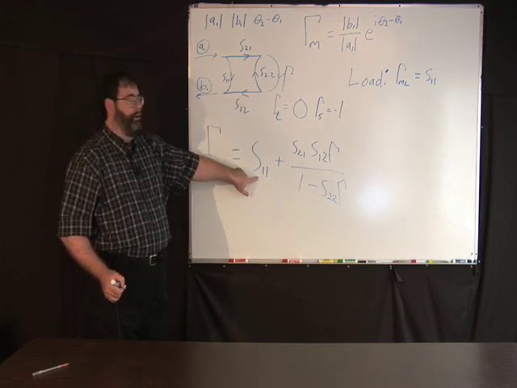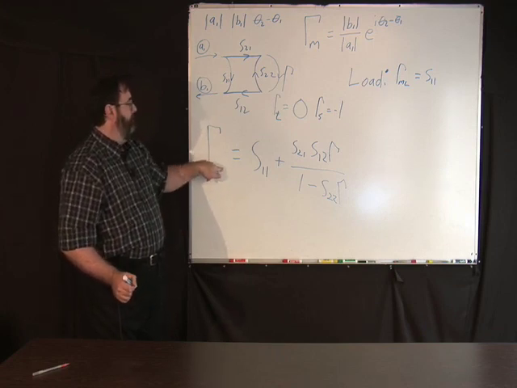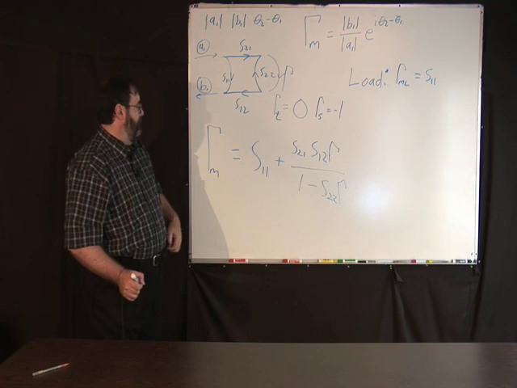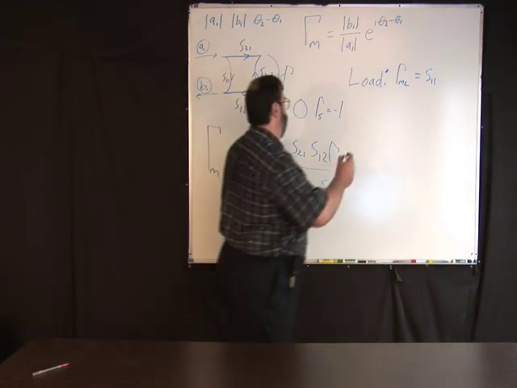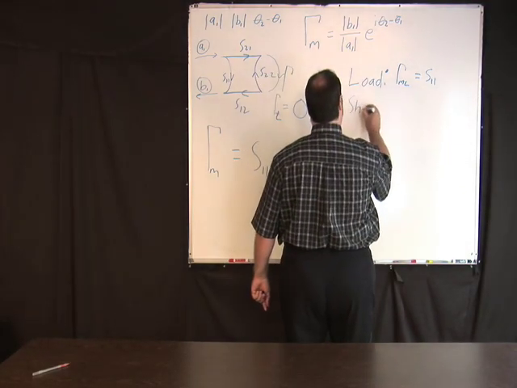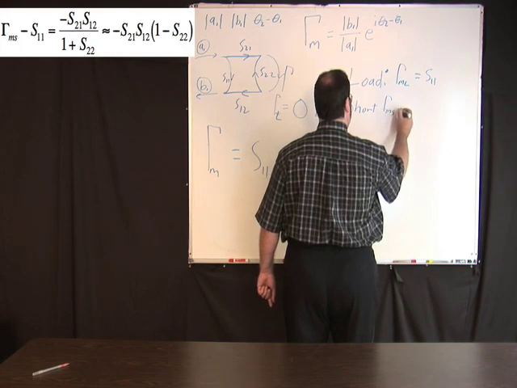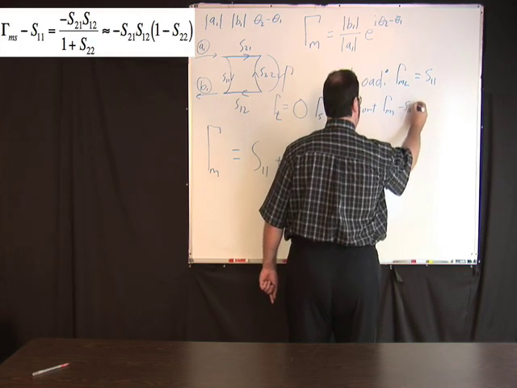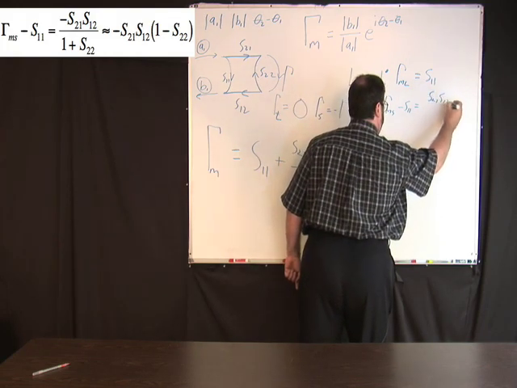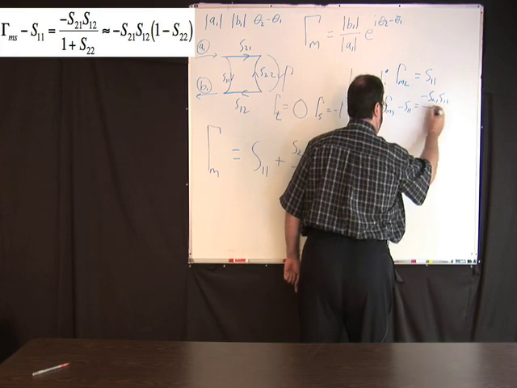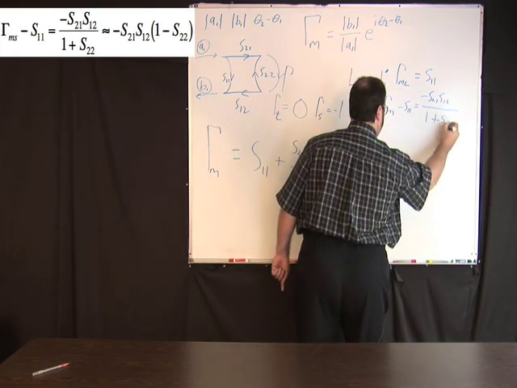We already know S11 from putting on the load, so we can subtract that, and for the short, gamma m short minus S11 equals minus S21 S12 over 1 plus S22.